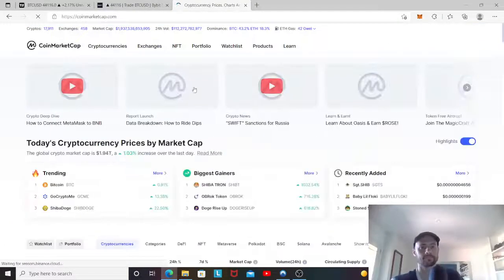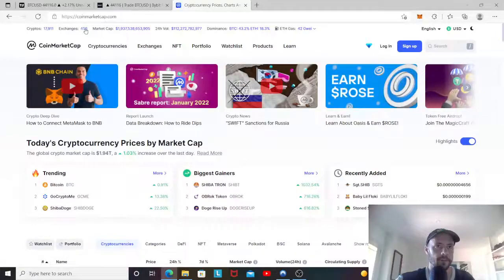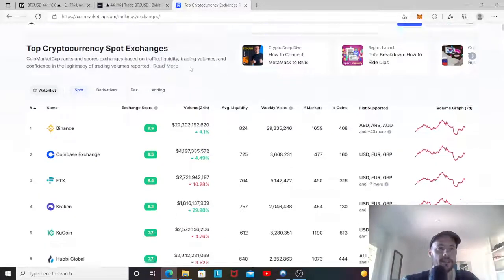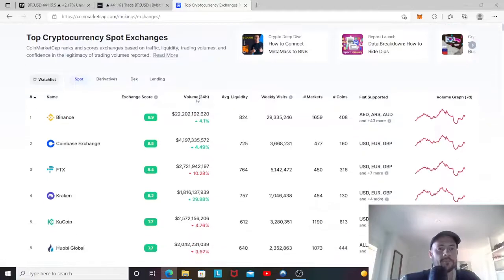Now, if you click here on exchanges up at the top, it'll show you the top cryptocurrency spot exchanges. So it has them ranked. They have their own exchange score that CoinMarketCap gives them, and it has them ranked by that.